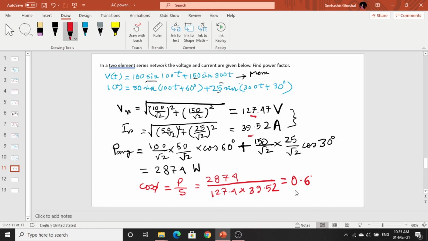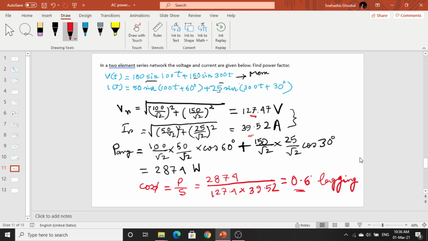Okay, cos phi is coming as positive, so it is lagging. Lagging means it is inductive type of load. So that is the scenario.